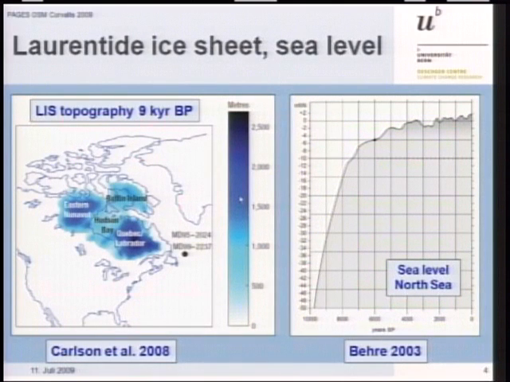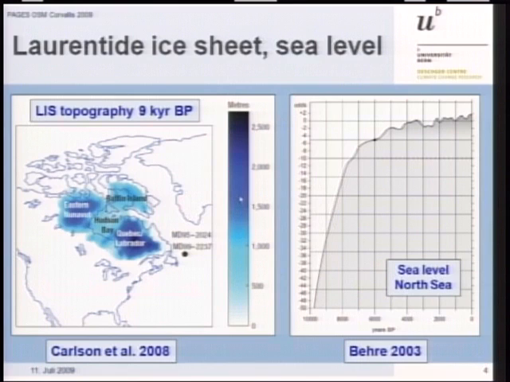Maybe it makes sense to look in a more dynamical way at these periods of the Holocene. If you think in a dynamical way, we have to think about the melting ice caps or ice sheets. We've already seen this figure in another talk.